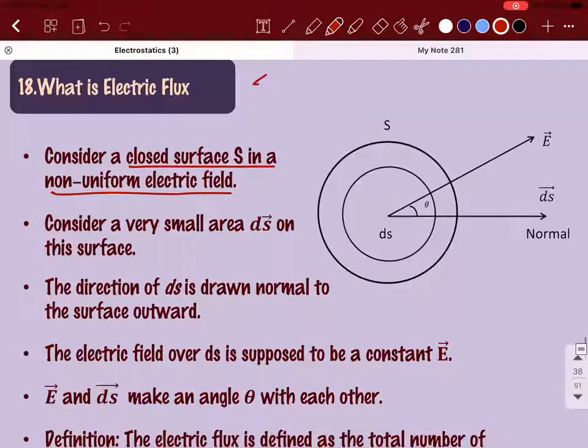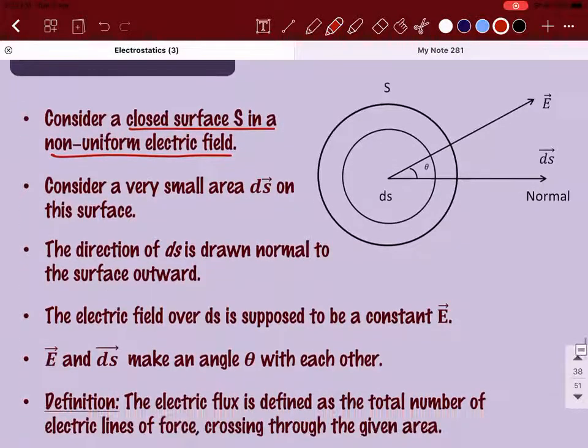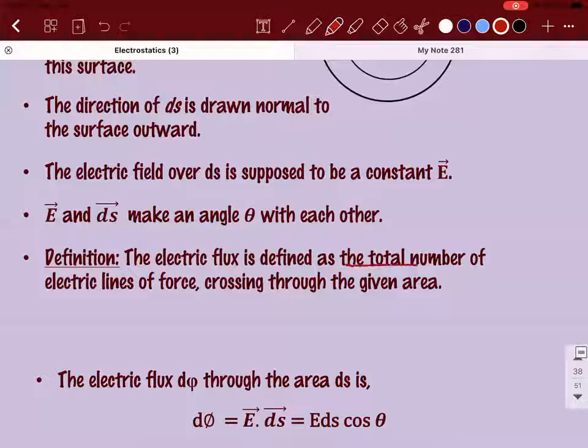It is defined as the total number of electric field lines crossing through a given area, perpendicular to it. Please write down this definition: electric flux is defined as the total number of electric field lines passing through a given area perpendicular to it.